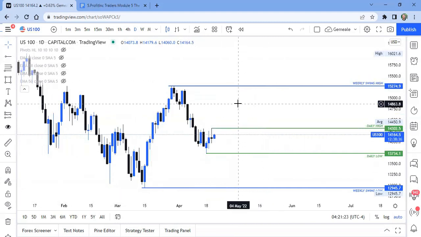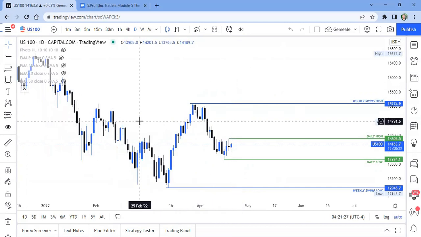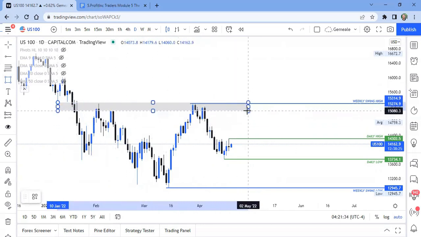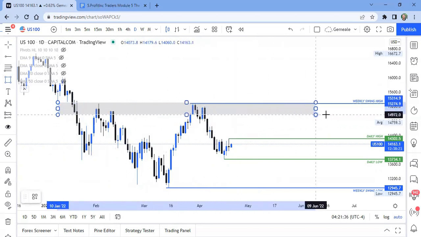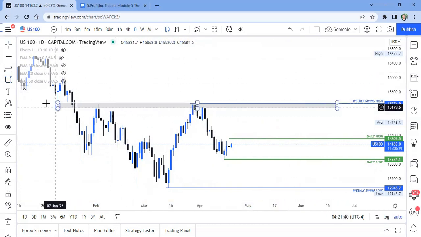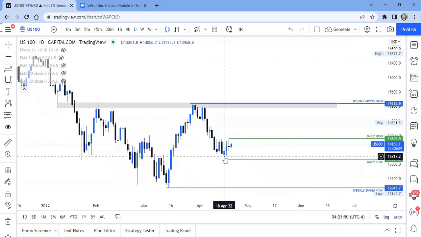Okay, guys, now that we have the levels there, we can also look for levels of support and resistance or zones. I can see here for my weekly swing high, I have a level of resistance. So we'll mark that out there. As you can see, price rejected there, broke through, and resisted there, traded lower, came back, found resistance there, and traded lower.